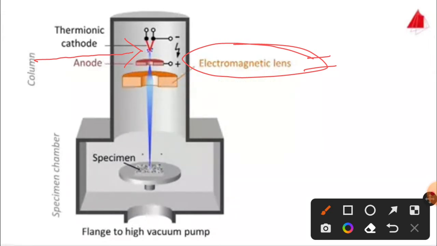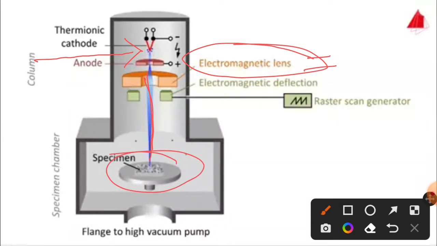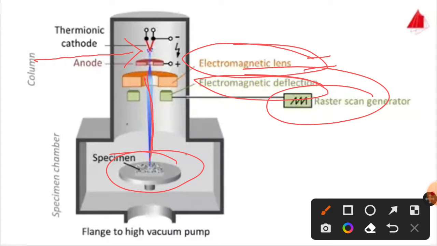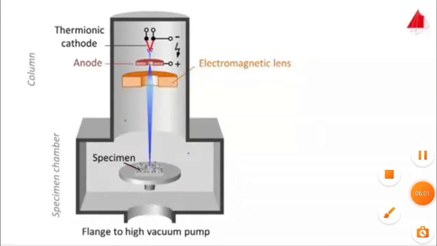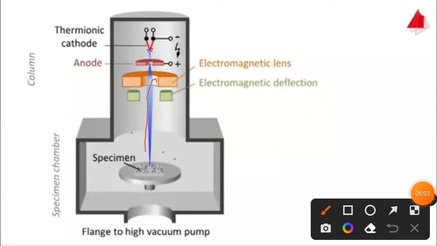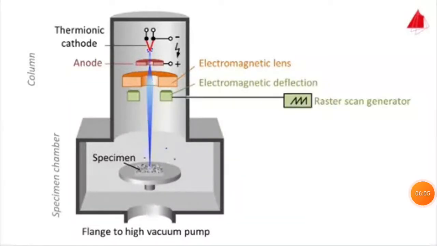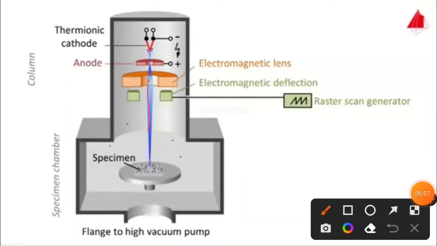You can think of this electromagnetic lens as a condenser. It will condense the beam of electrons towards the specimen. After the electromagnetic lens there will also be an electromagnetic deflection, which is attached to a raster scan generator, and that is what allows us to deflect the electron. Let's say in that GIF the electron is falling on one part of the specimen.